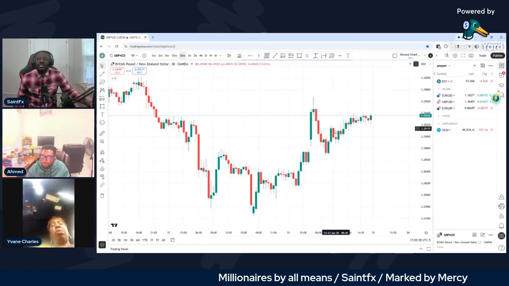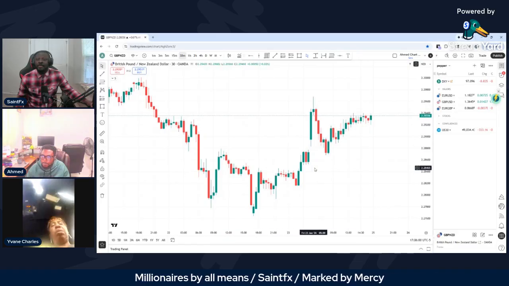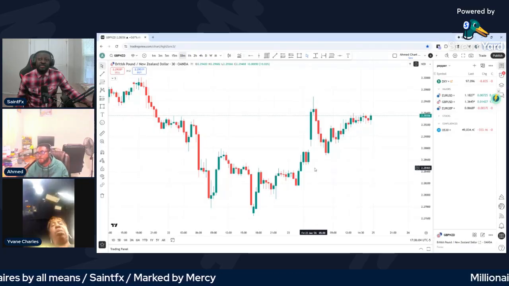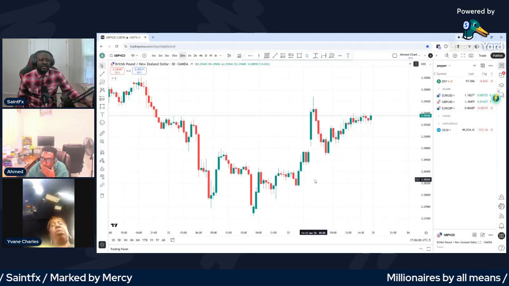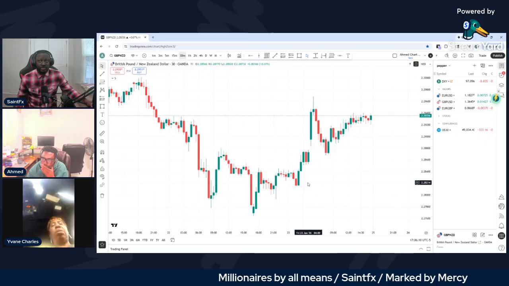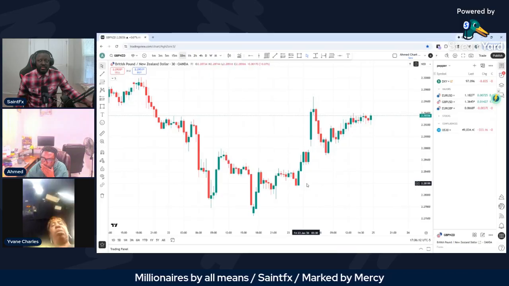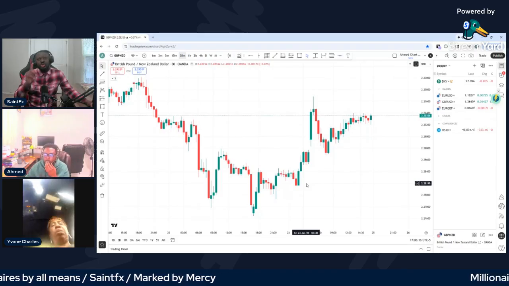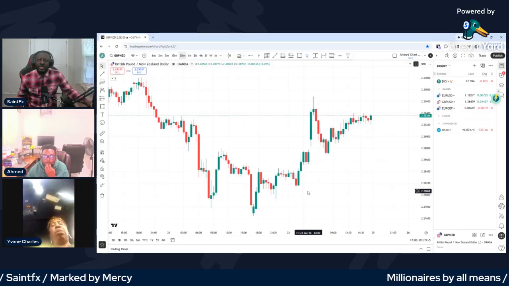So in this case, what we can see is resistance and support, right? If you want to draw your trend line here, you'll be on the 30 minute.